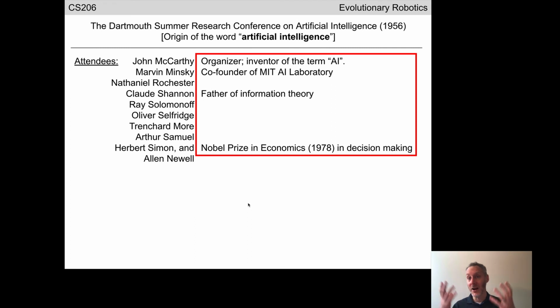So decision making obviously is another building block of intelligence and is very important. Some of you may have taken a class here at UVM with Professor Skalka. Professor Skalka was the very last PhD student advised by Professor Simon. So we've got a proud link in our family history here at UVM back to some of the founding fathers of artificial intelligence.